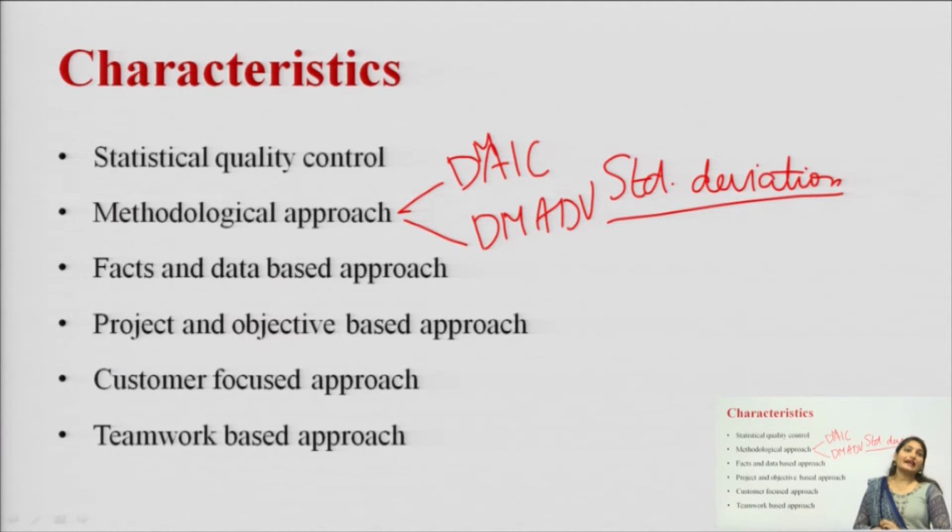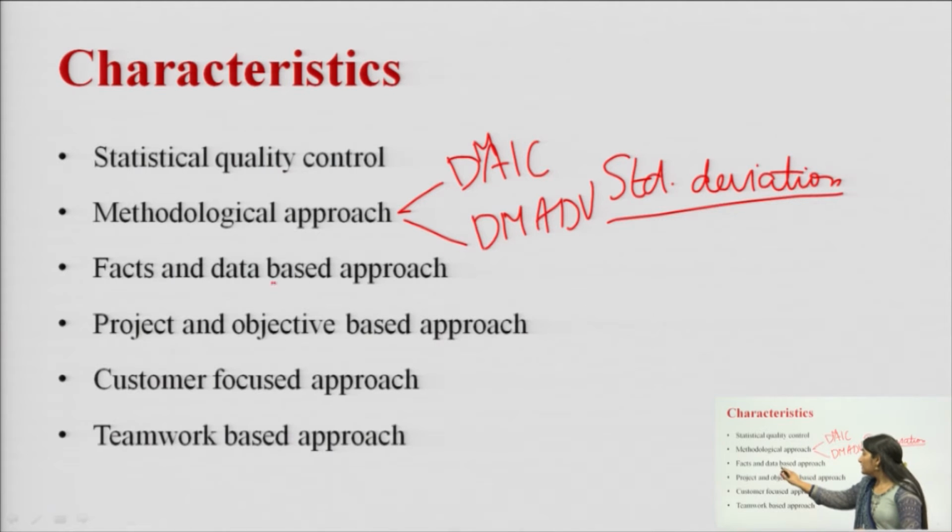DMAIC stands for design, measure, analysis, improve and control, and DMADV stands for design, measure, analysis, design and verify. Okay. So, two types of methodological approaches are used to measure the variance in the product quality in the pharmaceutical industry, and these approaches are DMAIC and DMADV.